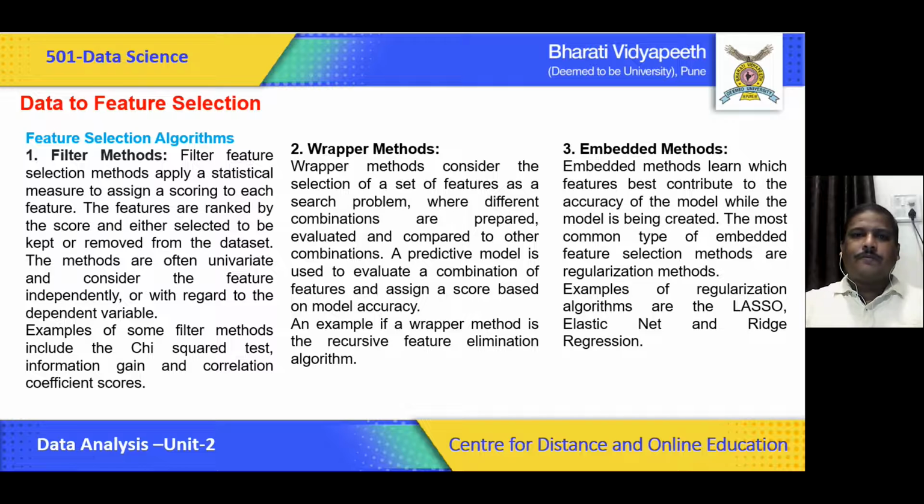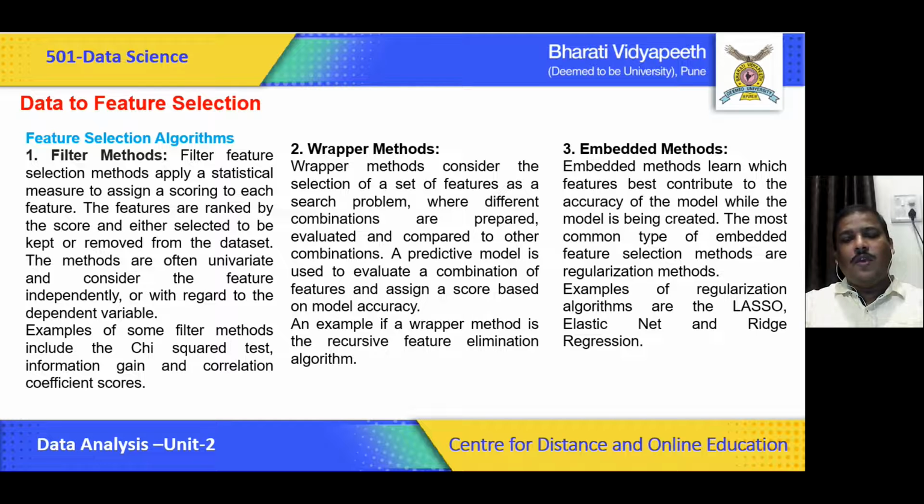Next, we will have wrapper methods. Wrapper methods consider the selection of a set of features. Here also we can use them for the feature selection process. It's a search problem where different combinations are prepared, evaluated and compared to other combinations.